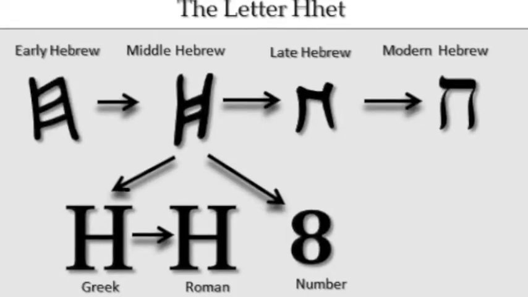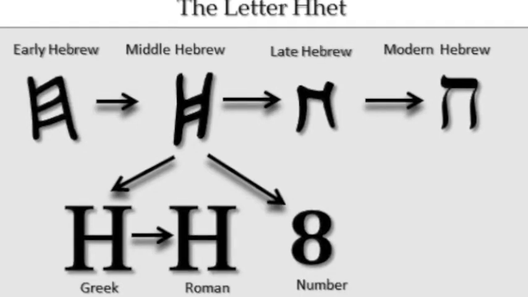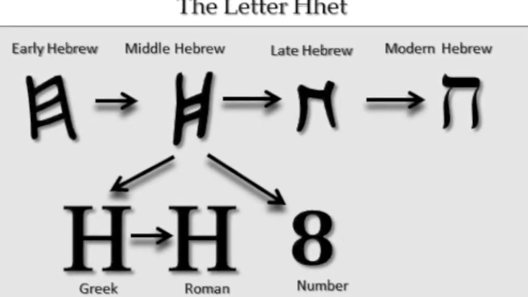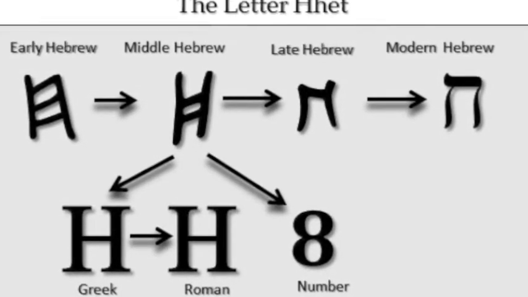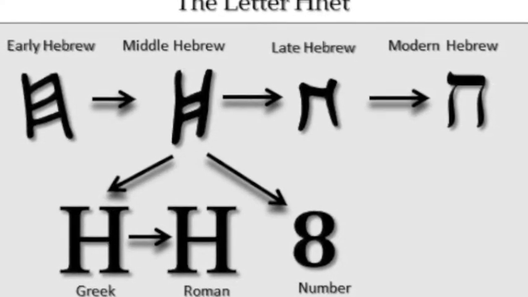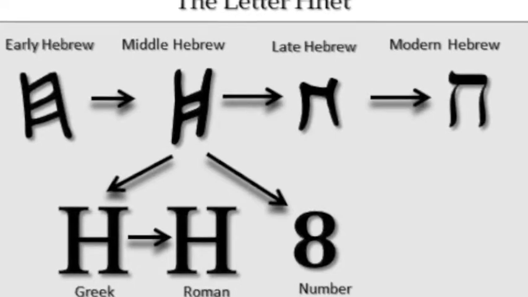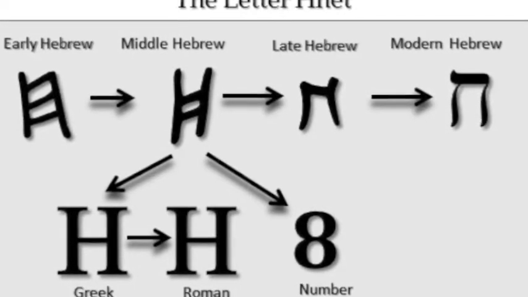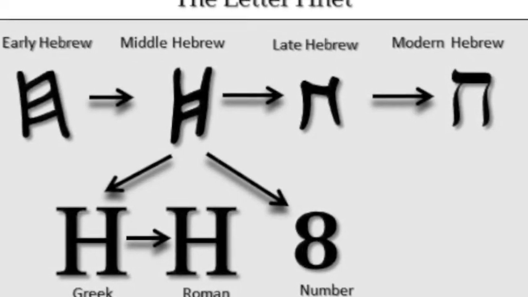The early Semitic pictograph evolved from the three into the two, looking like a ladder, from three steps on a ladder to two steps on a ladder. In the Middle Semitic script, by being rotated 90 degrees, the letter continues to evolve into what looks like a chair.